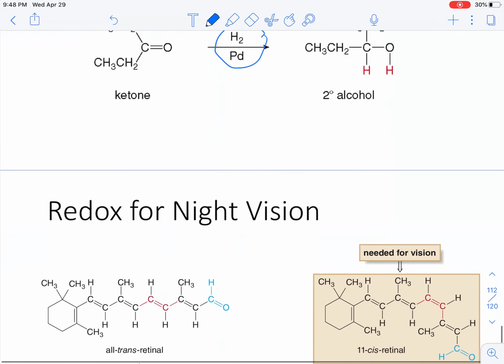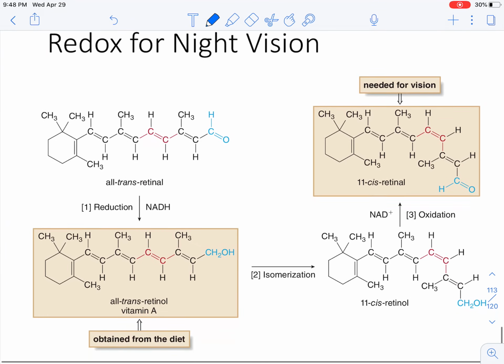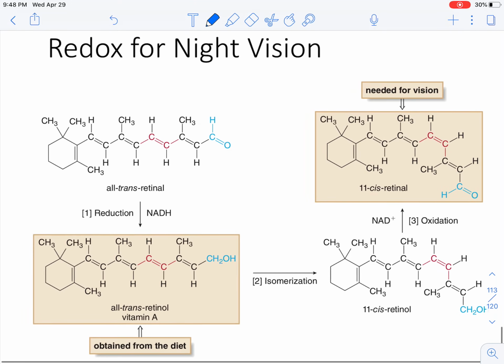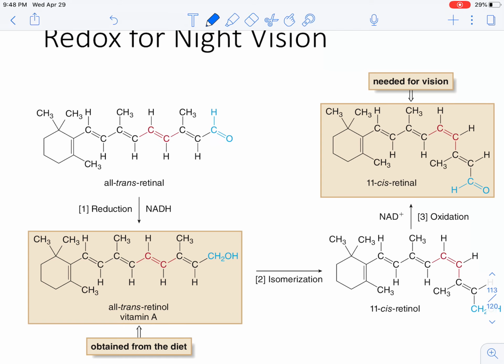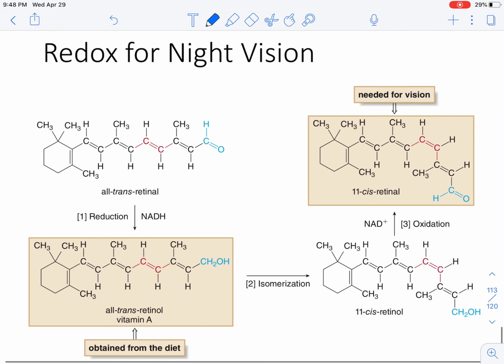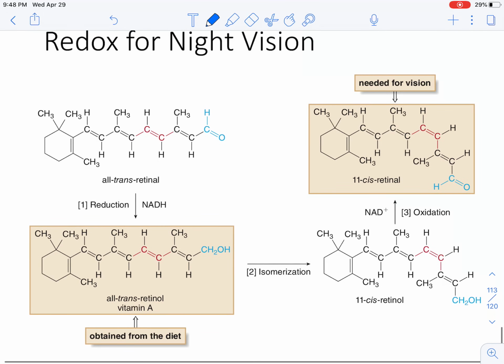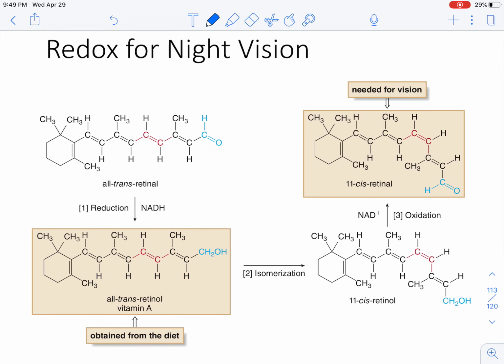All right. And so why is this so important to us? The formation of double bonds and single bonds, this idea of a redox reaction, is actually really necessary for night vision. And so inside a human eye, there are 2 types of light-sensitive cells.